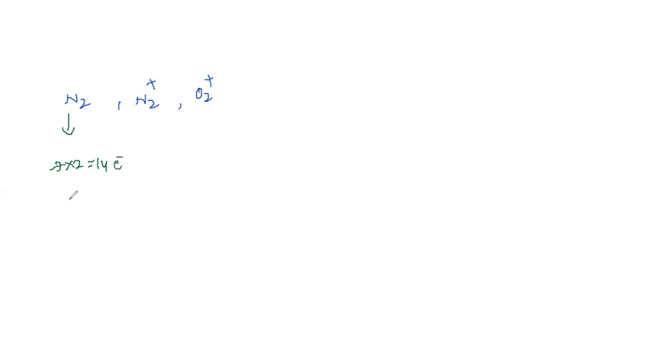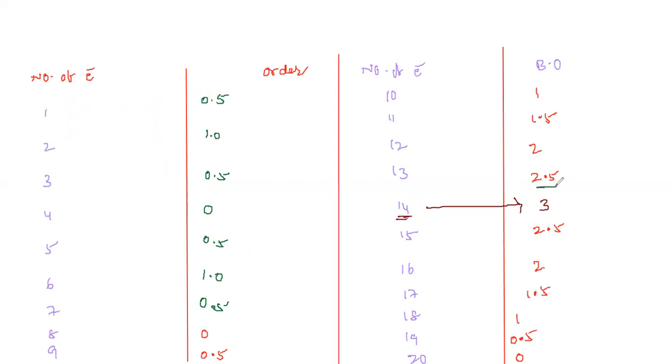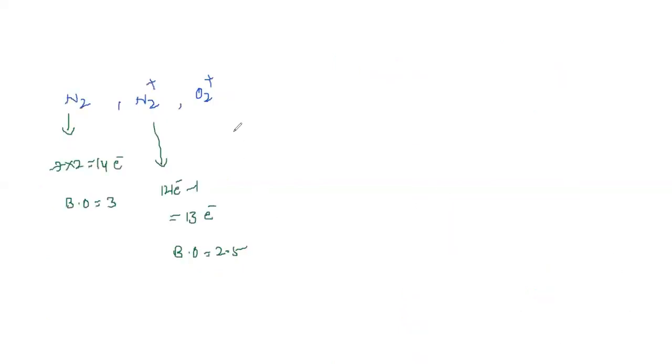So 14 electrons means the bond order is always 3, whereas in N2 plus, the plus means 1 electron lost, so 13 electrons. The bond order is 2.5. Is it clear? Similarly O2: oxygen is 8 times 2, that is 16 electrons.